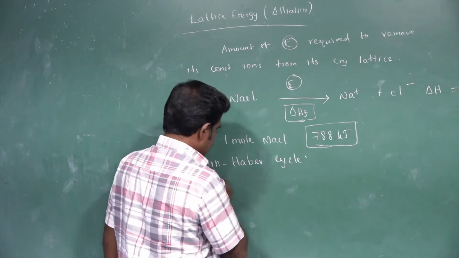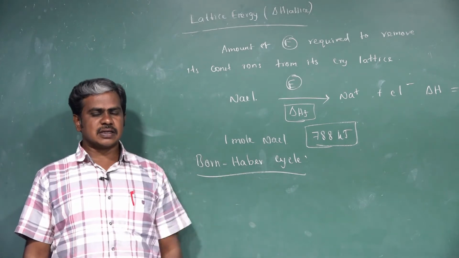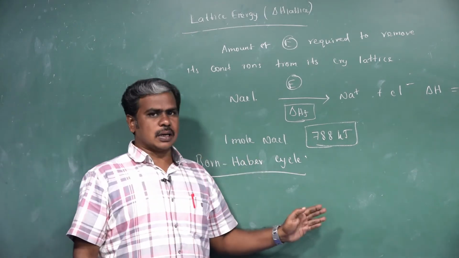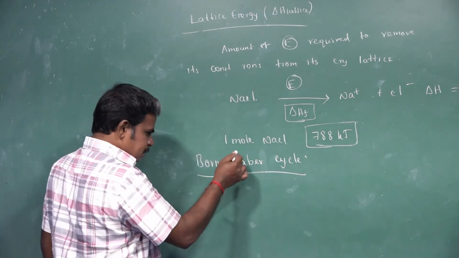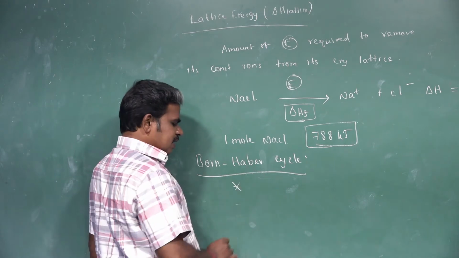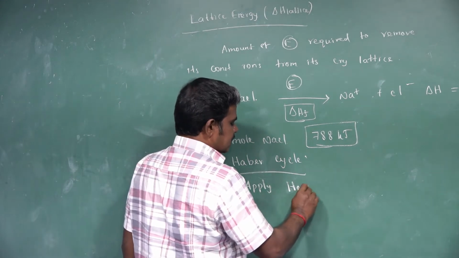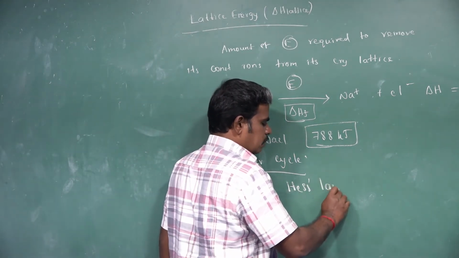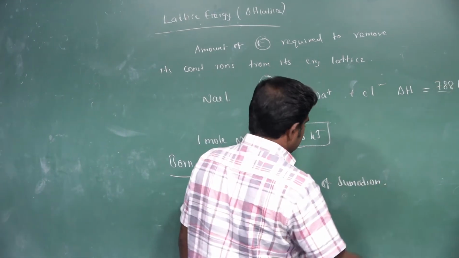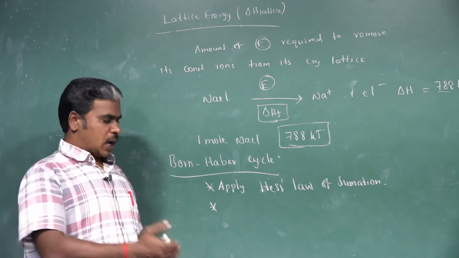The Born-Haber cycle is introduced to find the lattice energy, which cannot be measured directly. It applies Hess's law of summation, and here it considers only ionic molecules.